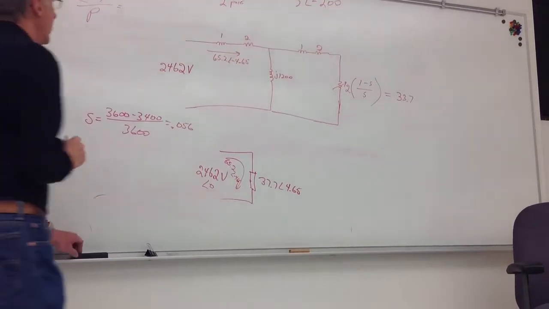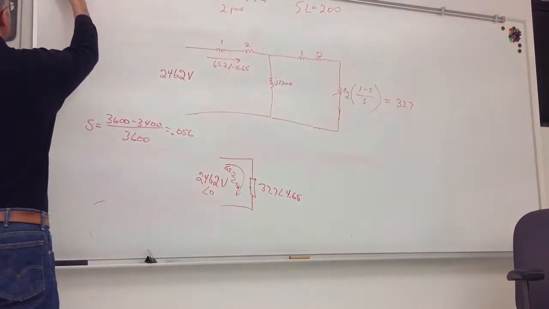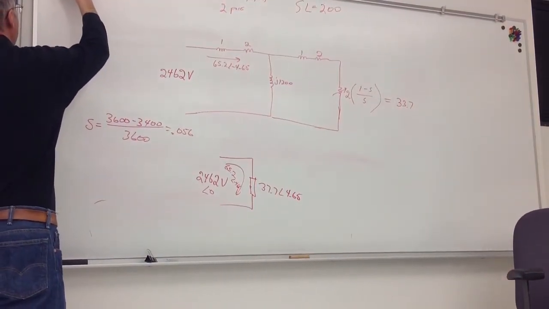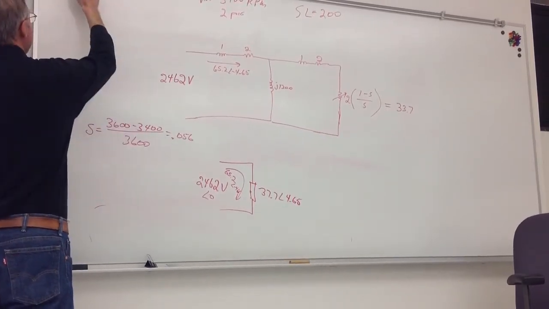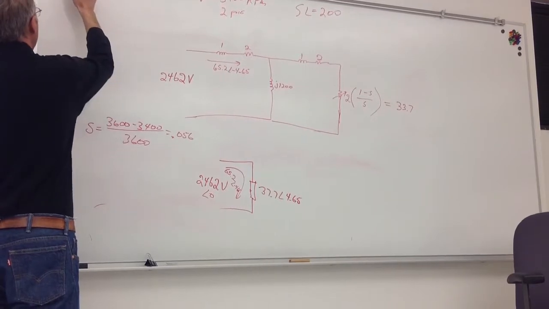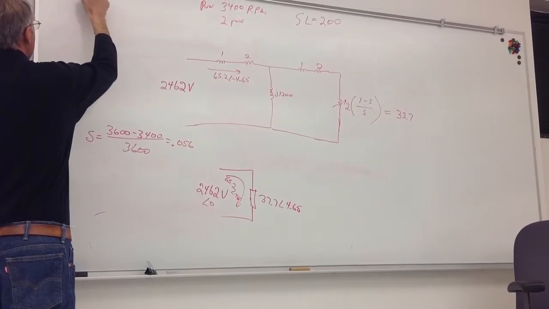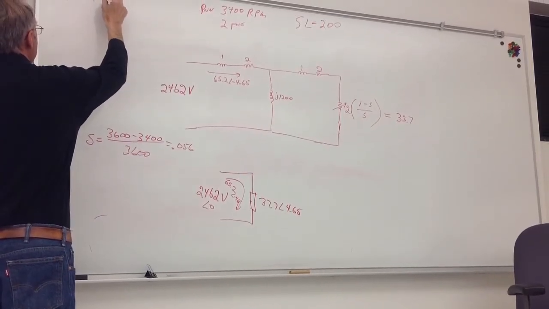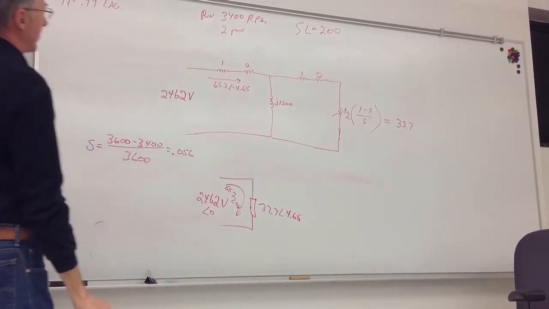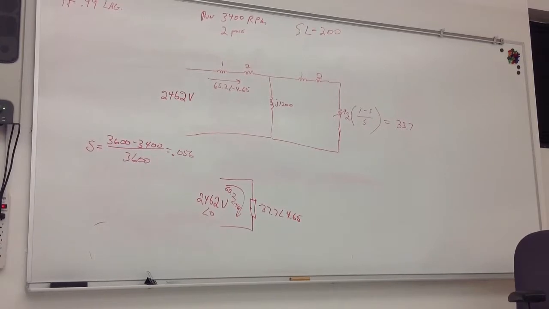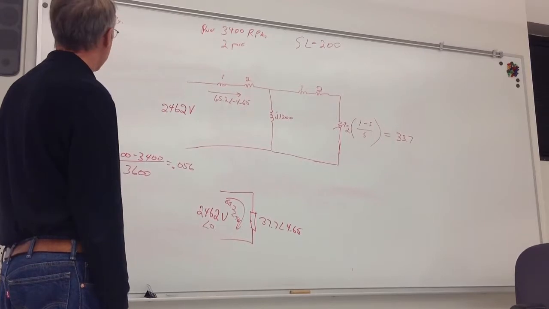I found my input current. What's my power factor? Cosine of 4.65, which is 0.99. Is it leading or lagging? Lagging. This is already kind of an unrealistic problem because my power factor is so high, but it doesn't matter. We can continue to work.